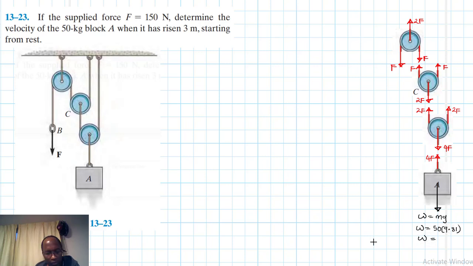Therefore our W will just be equal to 50 by 9.81. This gives us 490.5 newtons. So with this information, it's up to us to choose which direction this is going to go. It doesn't matter as long as we are consistent with our units.